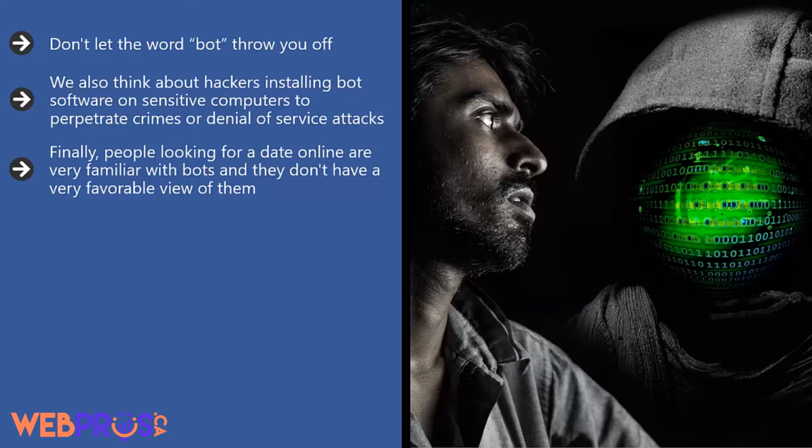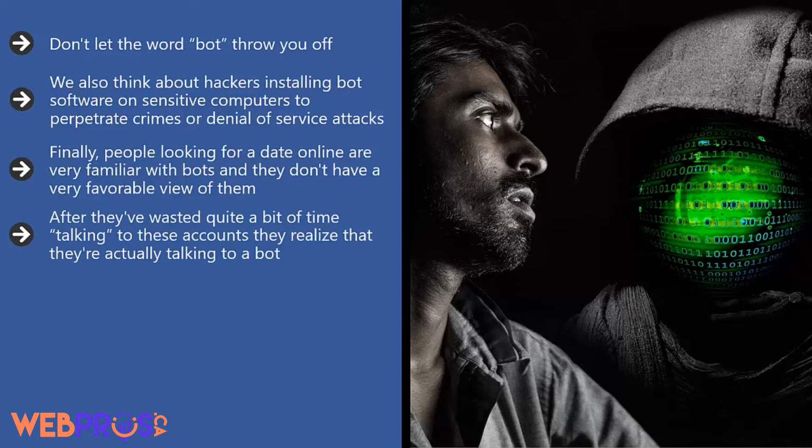Finally, people looking for a date online are very familiar with bots, and they don't have a very favorable view of them. Dating apps like Tinder and Grindr are often susceptible to fake dating profiles. When people try to connect with seemingly attractive users, they get led on a wild goose chase thanks to some sort of automated script. After they've wasted quite a bit of time talking to these accounts, they realize that they're actually talking to a bot. The bot simply reacts to whatever keywords they type in with some pre-canned script or dialogue.